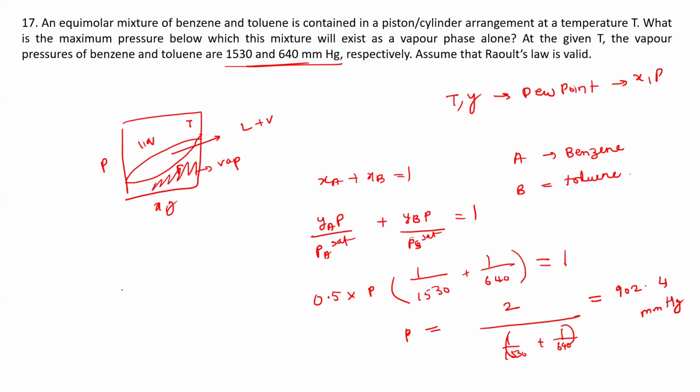XA equals 0.5 times the pressure, which we have just found, 902.4, divided by PSAT, which is 1530, right?